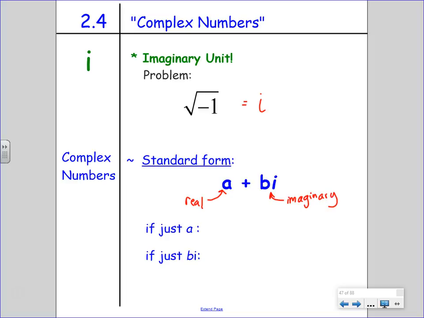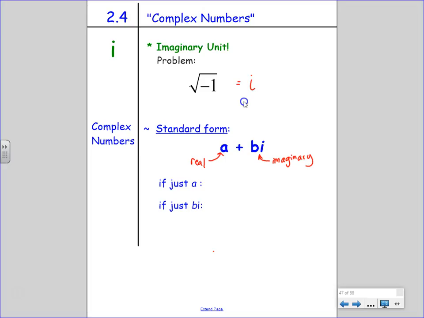We can technically make even just real numbers into complex form. If we just have a alone, we can write it as a complex number. It would just be a plus 0i. And if we have just an imaginary piece, we can write that as a full complex number as well, 0 plus bi. So any real number can be written as a complex number, ironically.